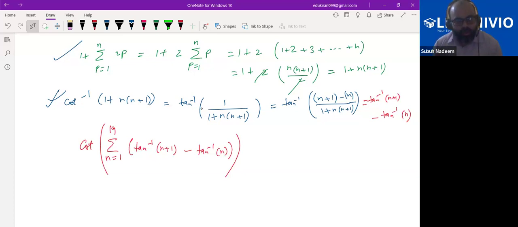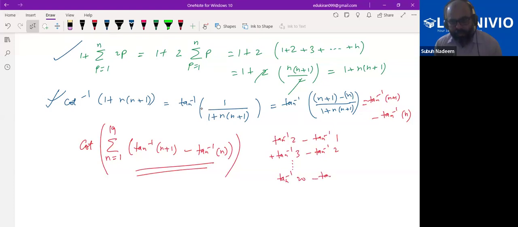If you observe this, if you take n equal to 1, it will be tan inverse 2 minus tan inverse 1. Then we have tan inverse 3 minus tan inverse 2. And like this, we keep on going till tan inverse of 20 minus tan inverse of 19. And it is cot of all of this.